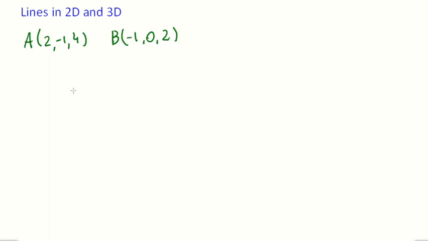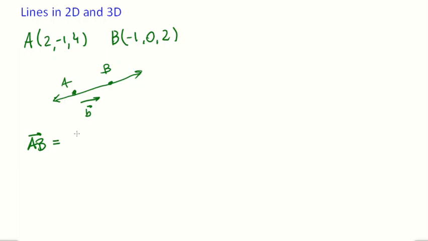Now the second thing is, if I'm talking about a line which goes through points A and B, and I decide to keep this point, if I want to know the vector which points from A to B, I can just do AB. So it would be our directional vector. So how do we find this direction vector?